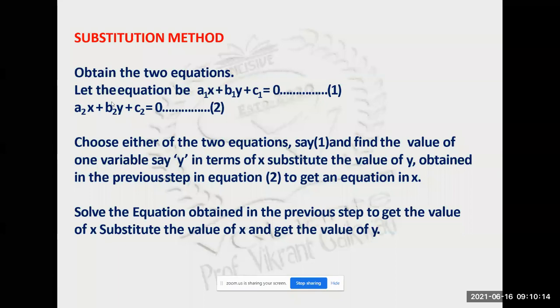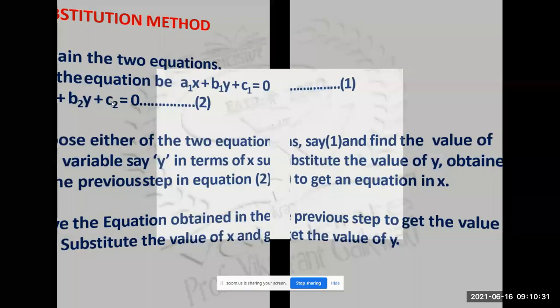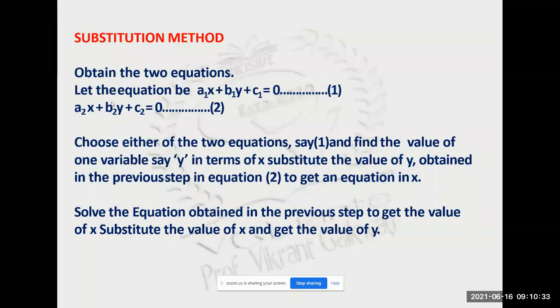Solve it to get the value of x. Substitute the value of x and get the value of y. So that means we'll be replacing x, written in terms of y from the first equation, in the second equation. Remember this.